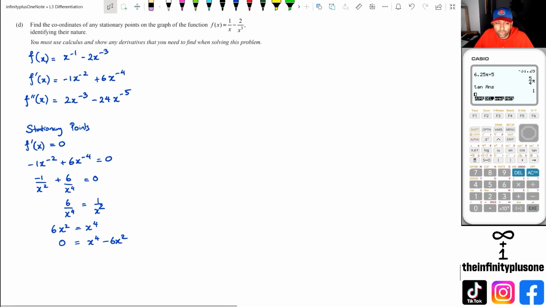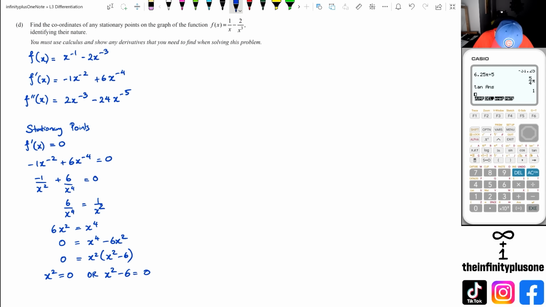Notice how I'm not cancelling out the x squared, because if you do that, you actually miss that. You want to be making sure that you actually get the plus or minus value. And I guess you kind of will, because you're going to get x squared anyway. But that's all right. So we're going to get x squared times x squared minus 6. So we can say that x squared is equal to 0, or x squared minus 6 equals 0.